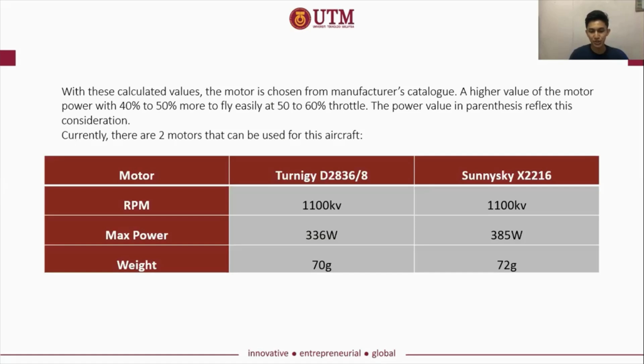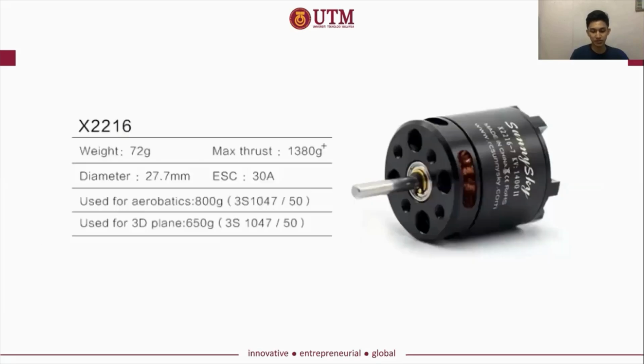We decide to choose Sunny Sky because it has a higher maximum power to produce for our aircraft, and it is very easy to get on the market compared to Tenjin.